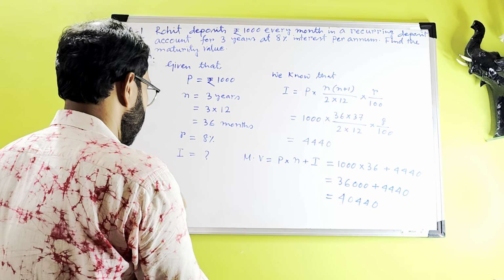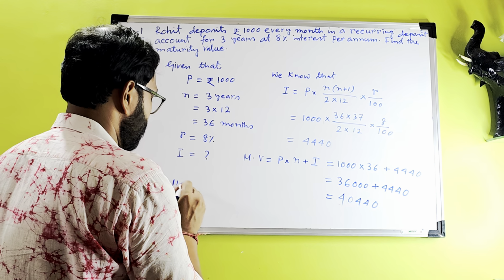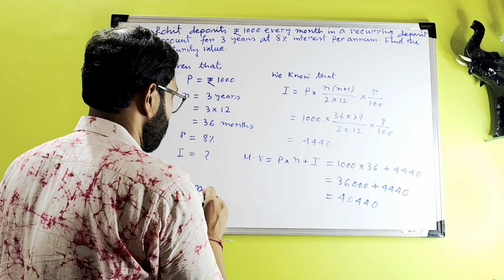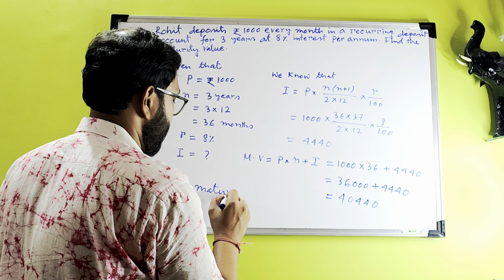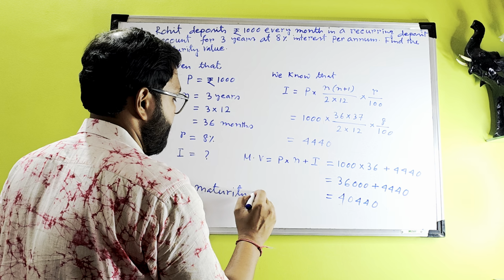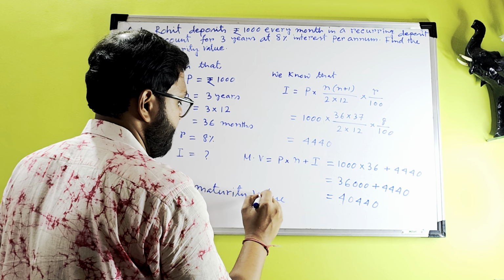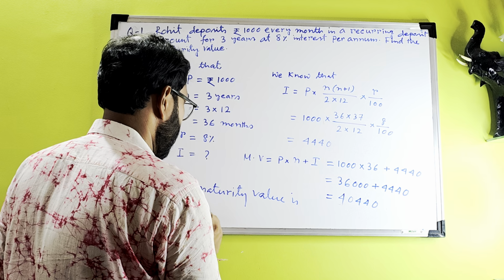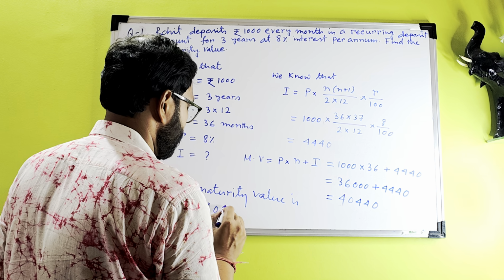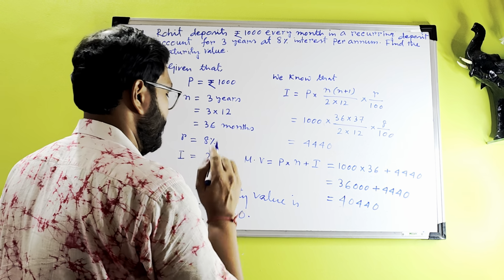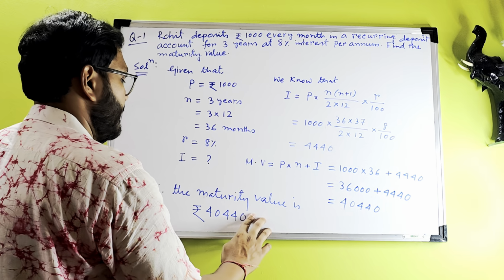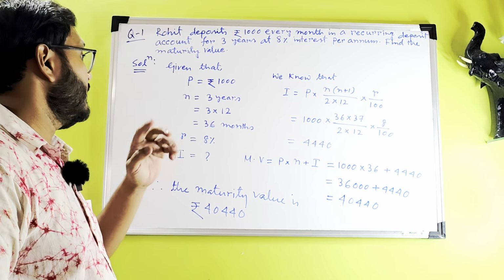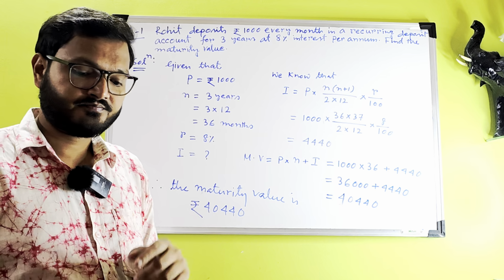So hence you have to write hence the maturity value is rupees 40,440. So this is the first sum. Okay, so we will jump to the second sum.